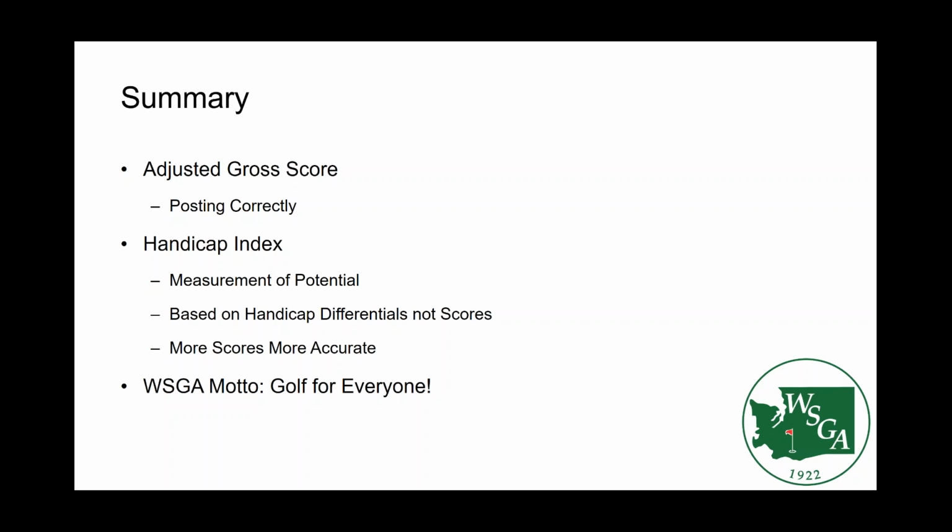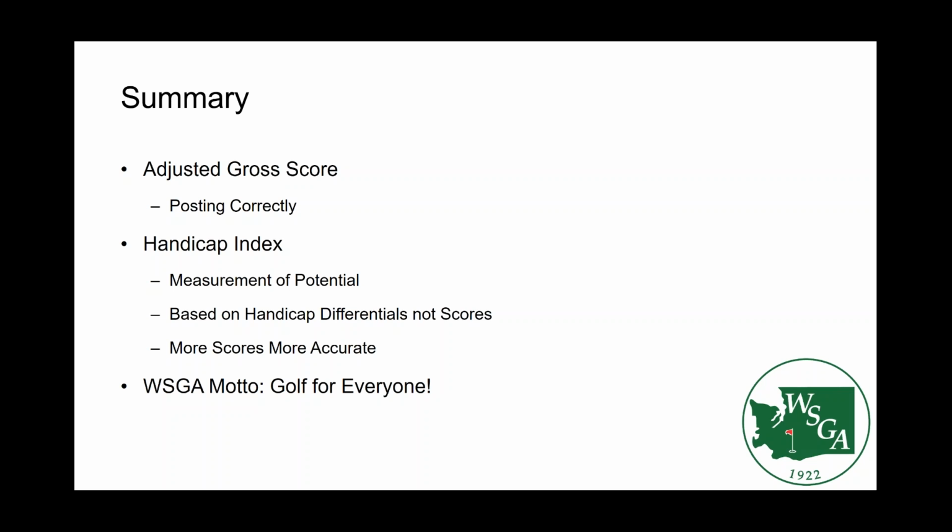And the other very important thing is that, again, this is calculated from handicap differentials and not scores. I really want people to remember that because they are two very different things. Your handicap differential is based on your score, but it is not the only thing that is taken into account. The difficulty of the golf course plays a major factor in determining your differential, which makes your handicap index.